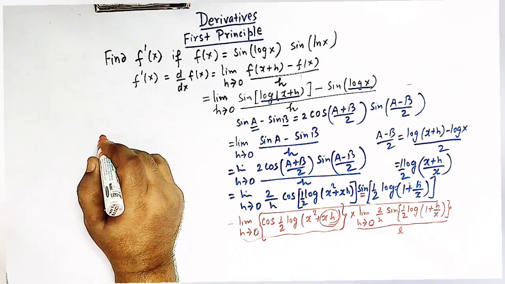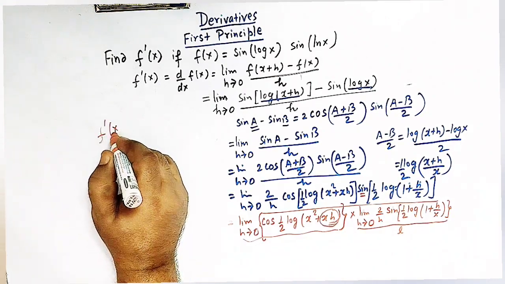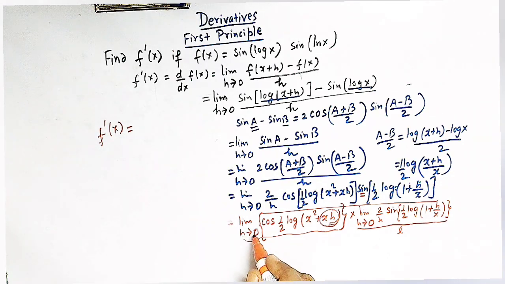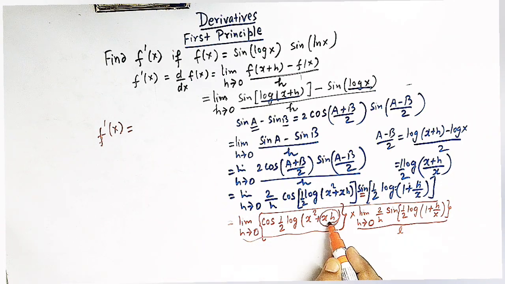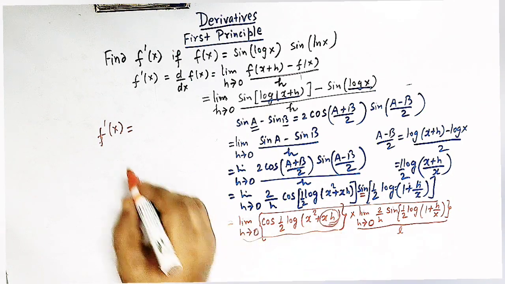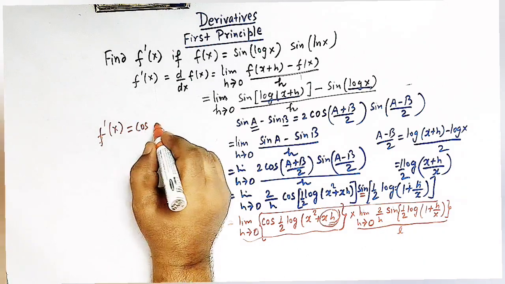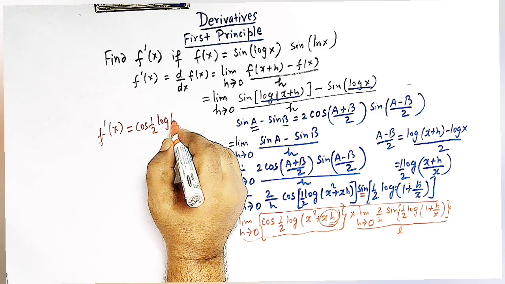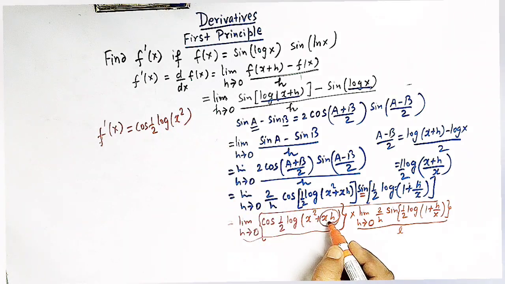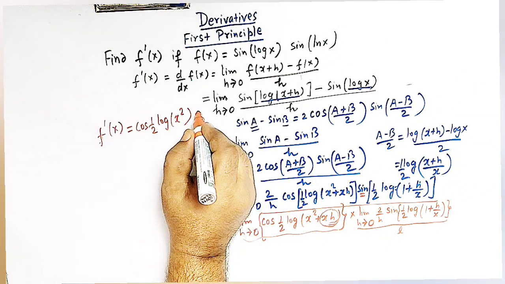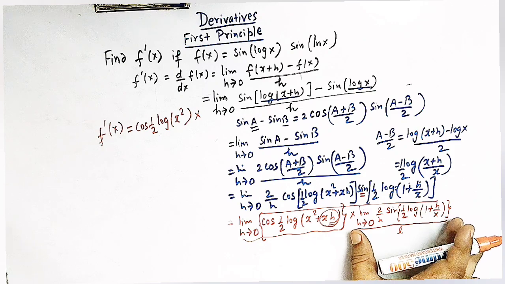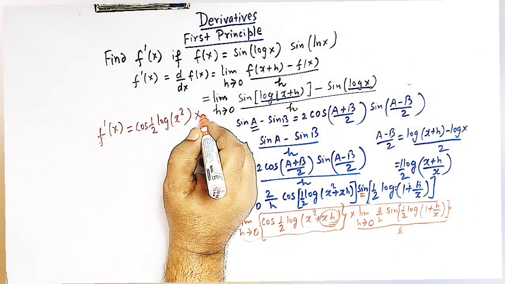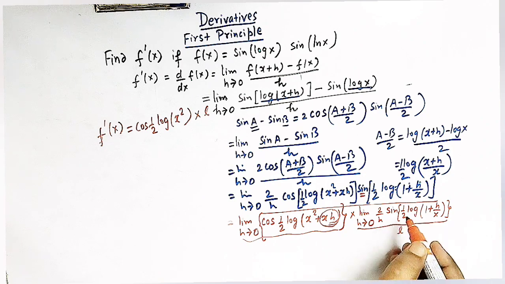So now the derivative f prime of x is given by the limit. Here when we take h tends to 0, this term is 0. So we have cos half log of x square, because this term is 0, multiplied with this limit, and we can call this limit L, and we'll solve it separately.